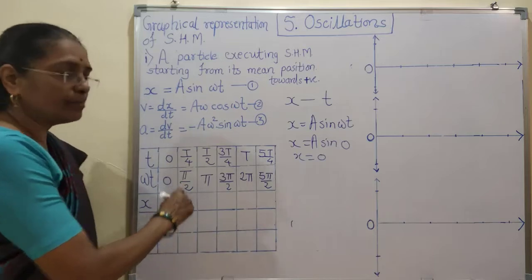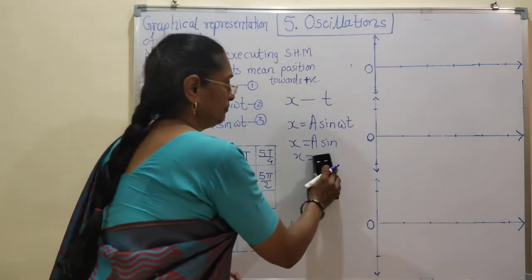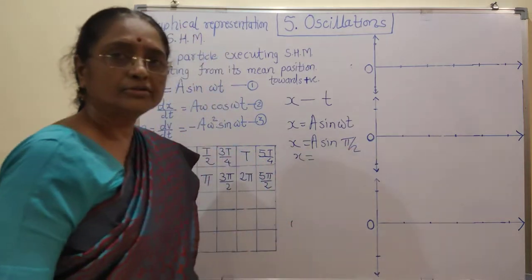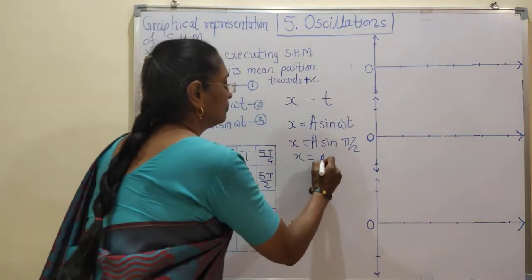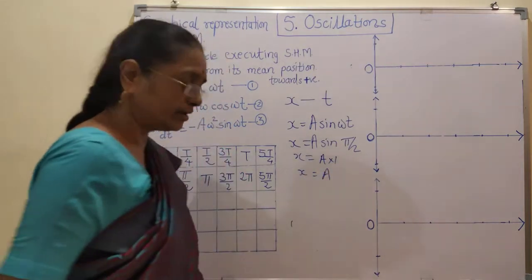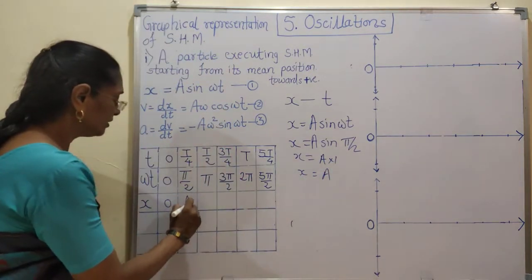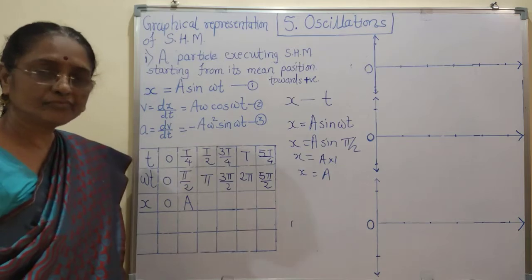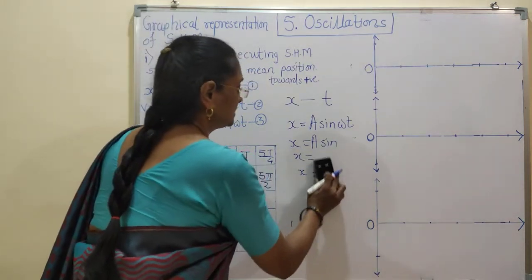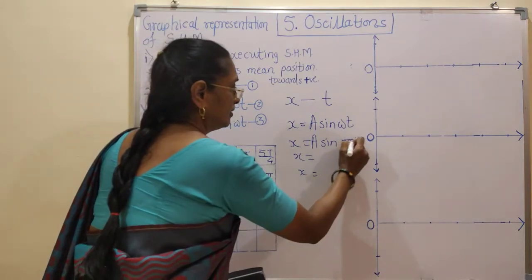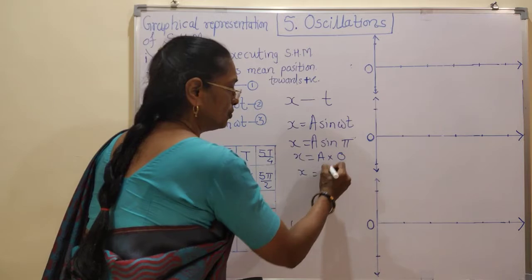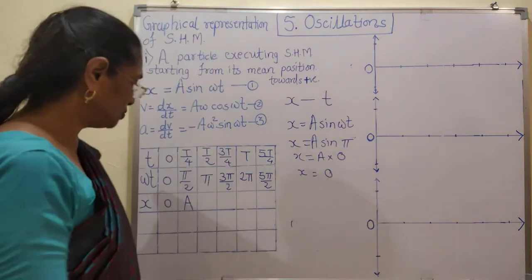Now omega t is pi by 2. If we substitute pi by 2 in sin, sin 90 is equal to 1. So x is equal to a. Here we write a. Next value is pi. Substitution gives us a into sin pi. Sin 180 is 0. Again we get 0.